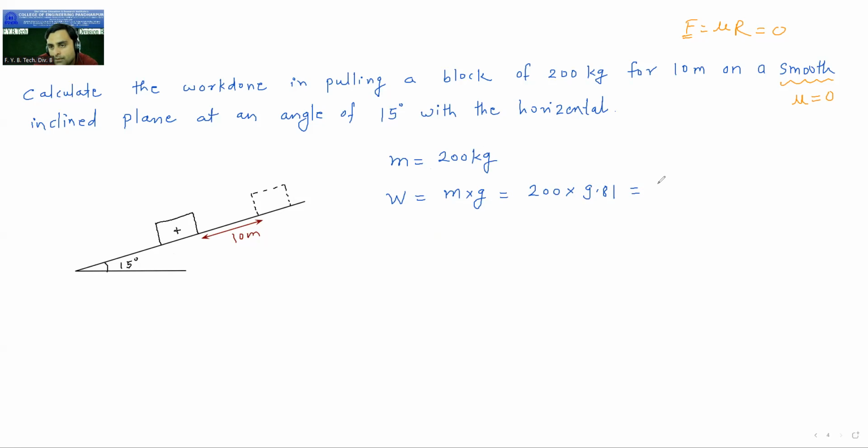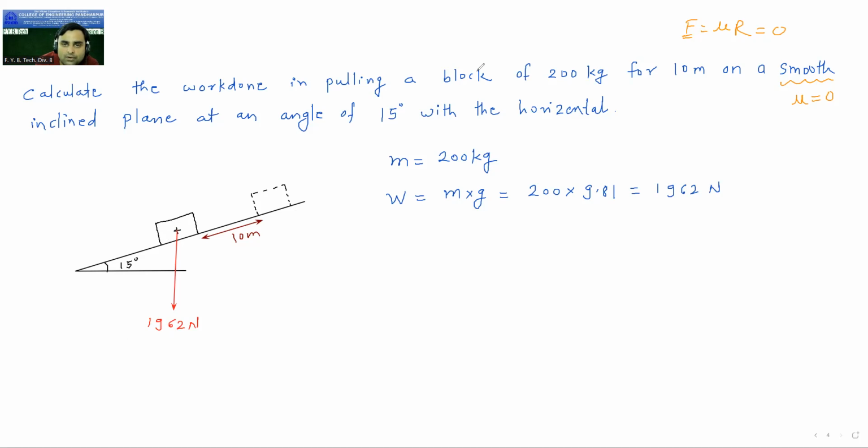It is 1962 Newton. The weight will act vertically downwards. This is the weight, 1962 Newton. There is no frictional force because it is a smooth surface.